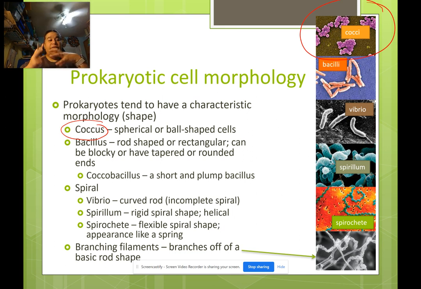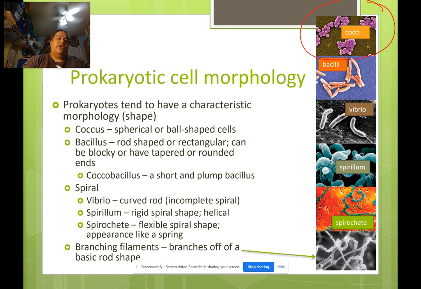They're spherical or ball shaped, and they can be in bundles, in pairs, or individual, but the point is that if you see anything like streptococcus or staphylococcus, you know that they are going to be circular in shape just based on the name.